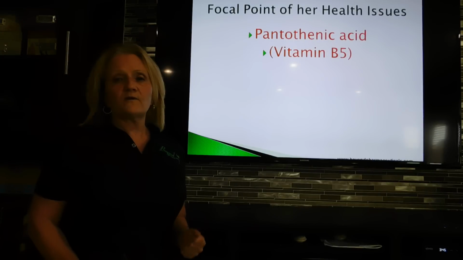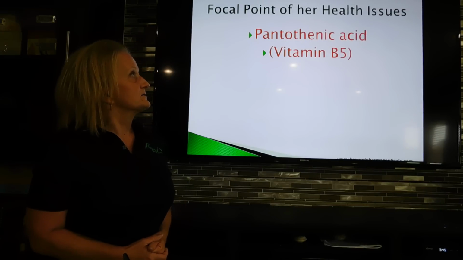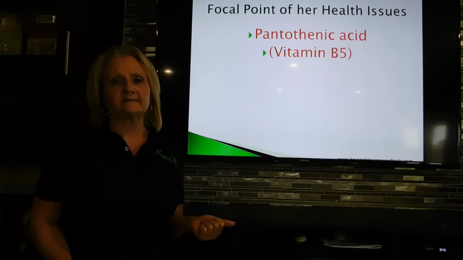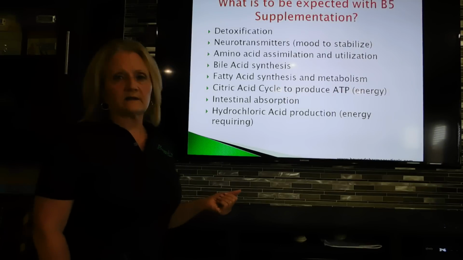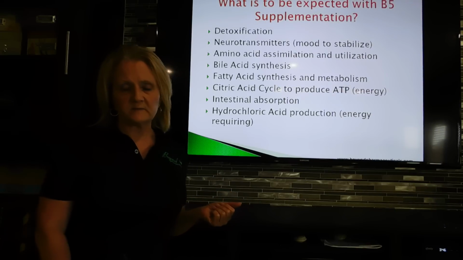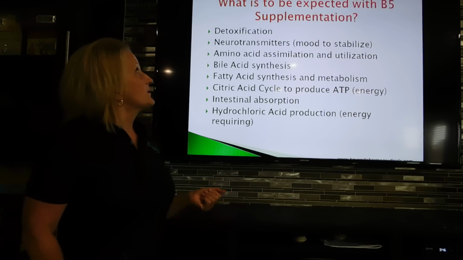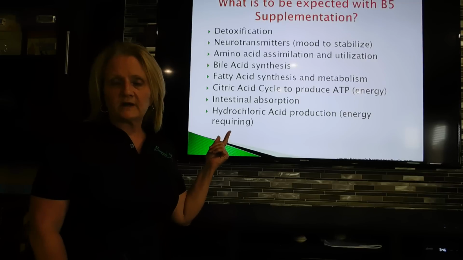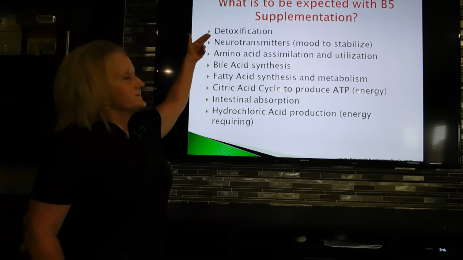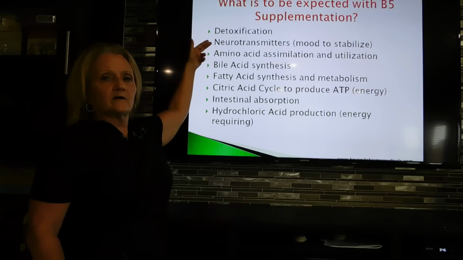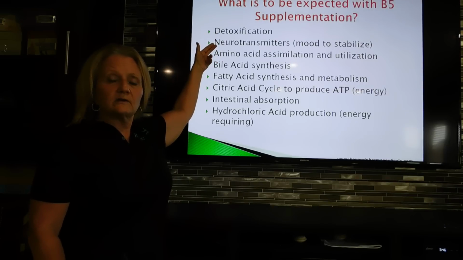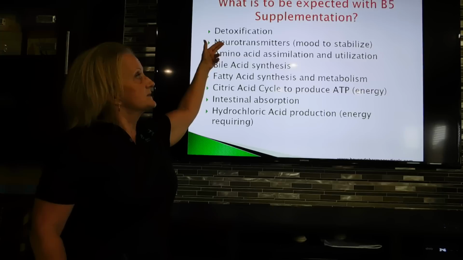Okay, so the focal point of her health issues, I believe, starts with pantothenic acid, B5. And so what can we expect with B5 supplementation in this patient? Well, B5 is going to help with the detox pathways and conjugating glycine. It's going to help her utilize the amino acids to make neurotransmitters and help to stabilize her mood.